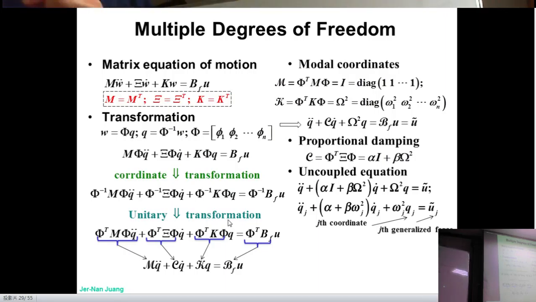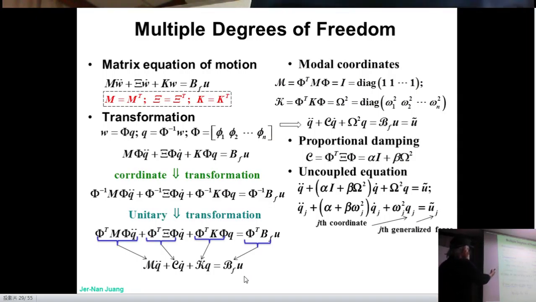All right. So after transformation, we write M becomes square M. This is like Z becomes square C Q dot plus KQ equal to BFU. We say after transformation, we get that.